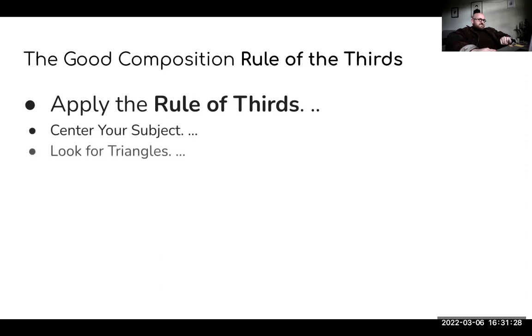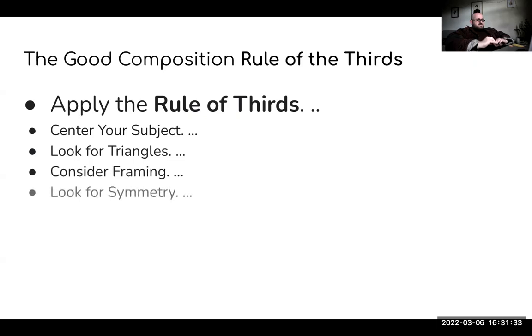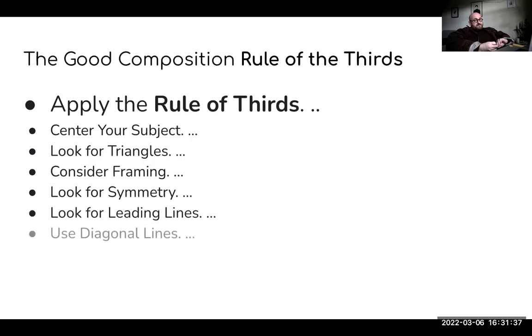So, as we say, to apply the rule of thirds means center your subject, look for triangles, consider framing, look for symmetry, look for leading lines, use diagonal lines, and keep the background simple. Which means if there is still more story in the background, please include it. Don't leave it out.